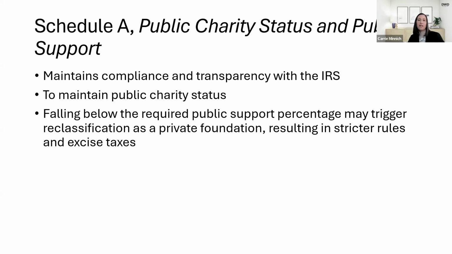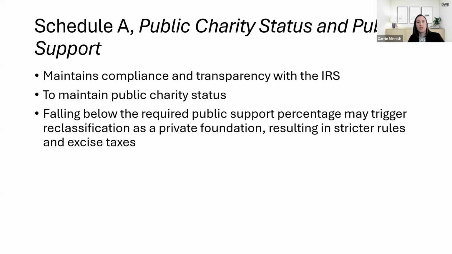So basically, when a nonprofit goes to the IRS and says, hey, I would like to be a tax exempt nonprofit, and they say, okay, they're going to say that you are either going to be a public charity or a private foundation. That depends on where you get your funding from.